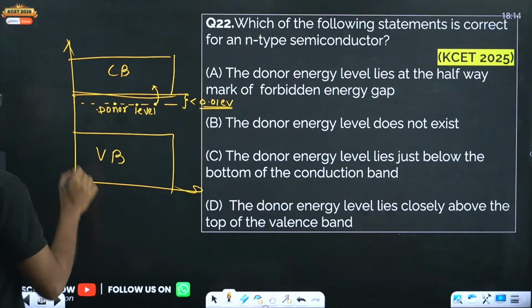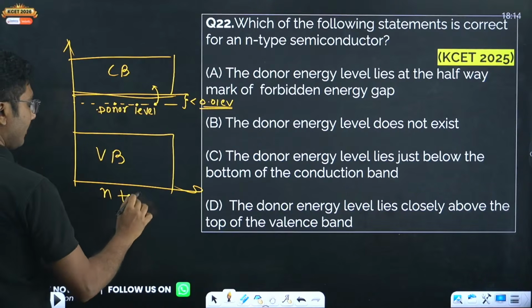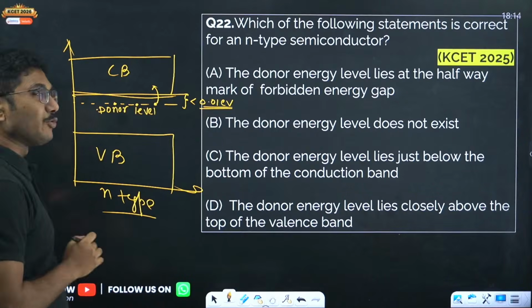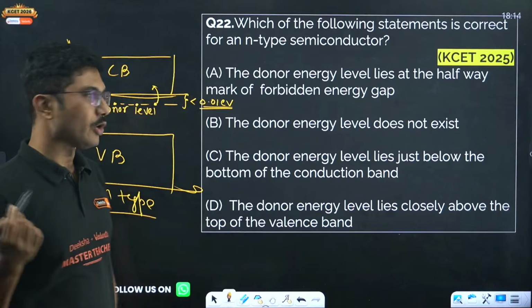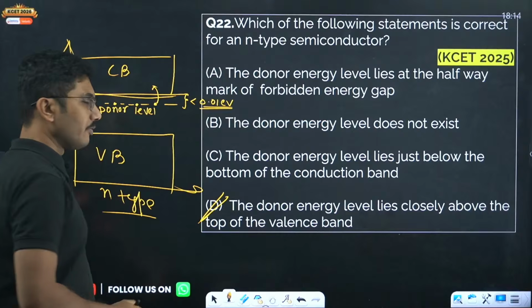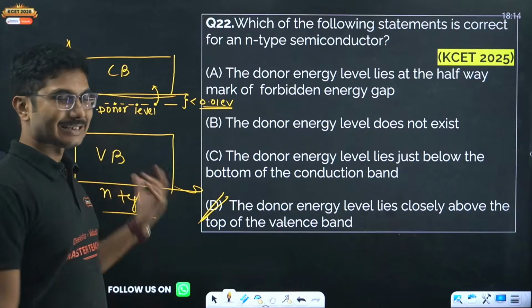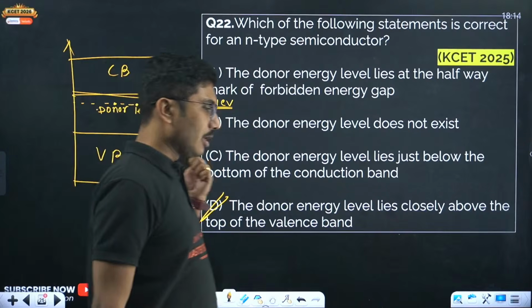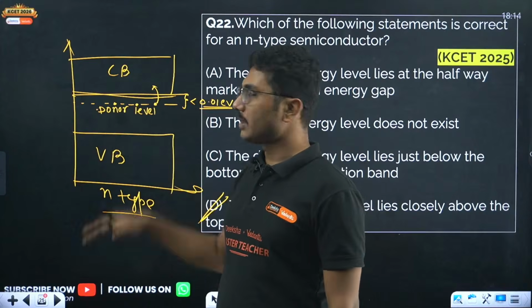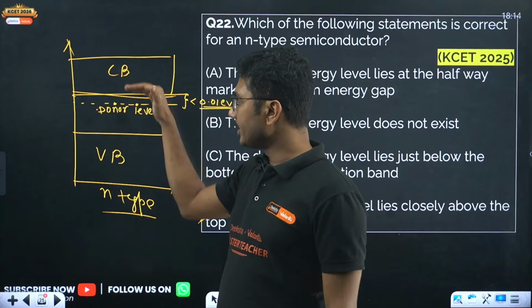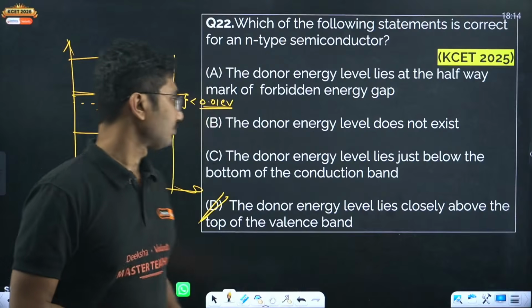You have practiced this diagram during your PU exam. If not, check your NCERT textbook. Donor level is for n-type, acceptor level is for p-type. Acceptor level is just above the valence band. Donor level is just below the conduction band.